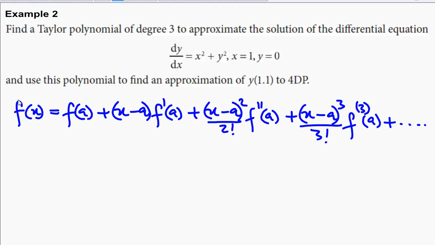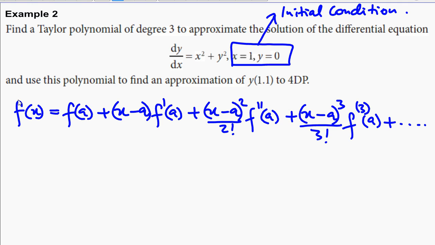So here we are given the boundary condition, and that should be able to give us the first coefficient. So step 1 is find the coefficients.